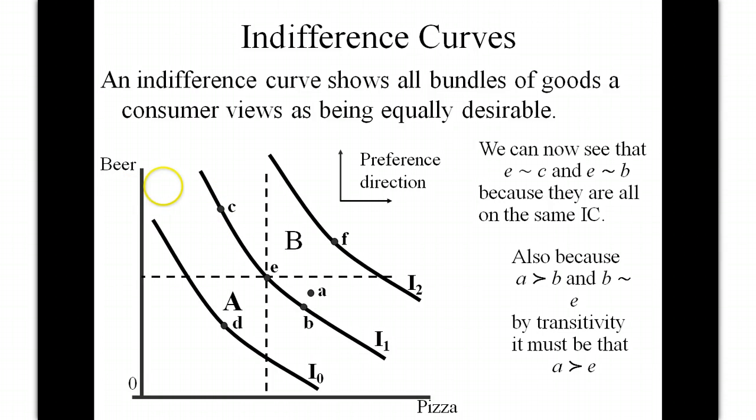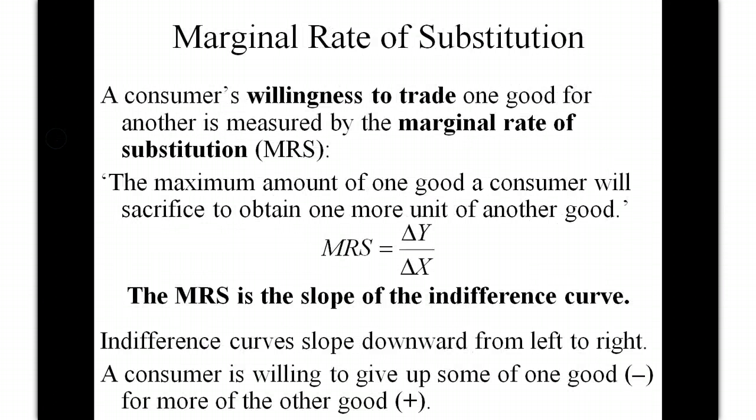How much more beer must the person get so that the utility stays the same? So what we look at is the slope. A consumer's willingness to trade, the willingness to swap one good for another. How much of one good must they gain to offset the loss of one of the other? And this is measured by what's called the marginal rate of substitution.